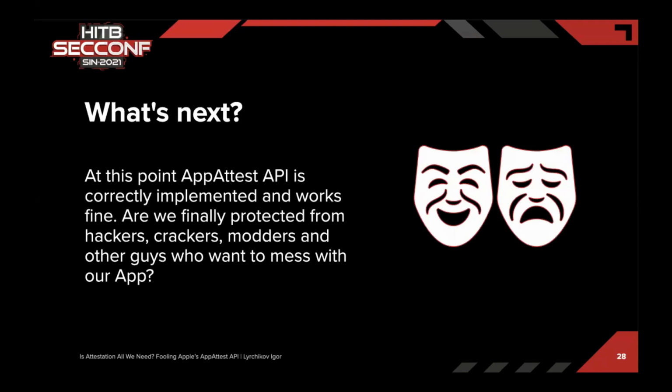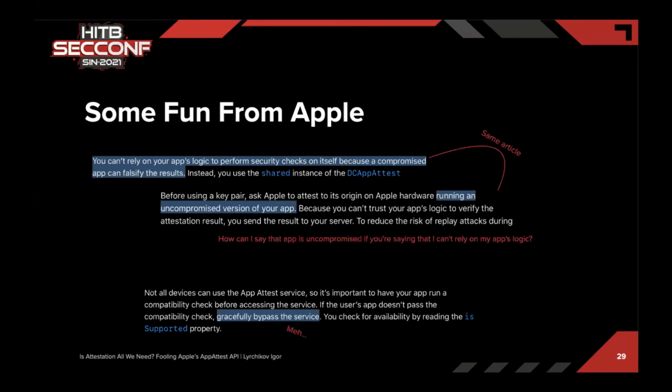All right, finally, we finished with the implementation process of this technology. But does it mean we are protected now? I mean, if we passed all these 8 steps, here you can see some assumptions and remarks made by Apple on their forums and even in documentation.